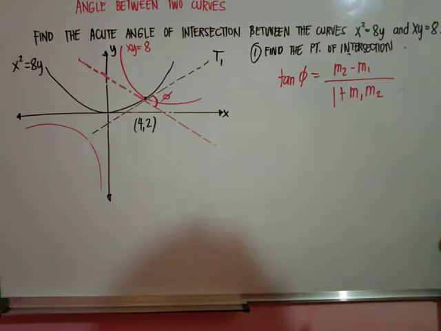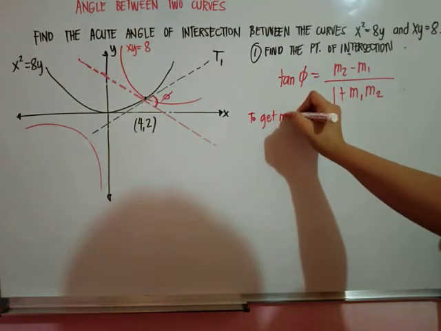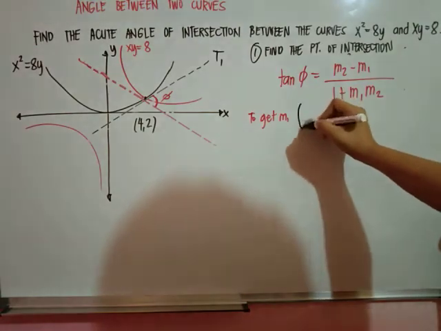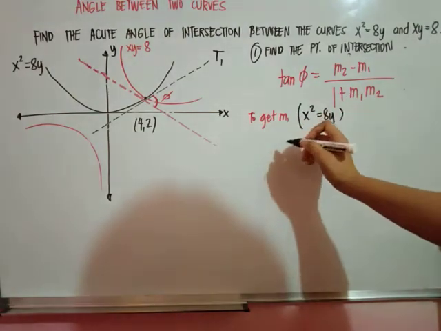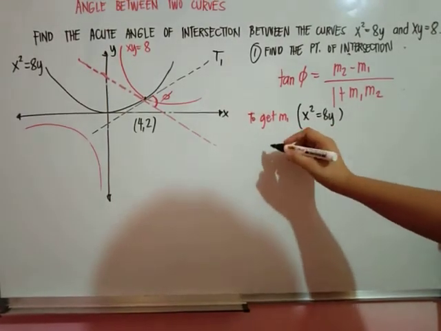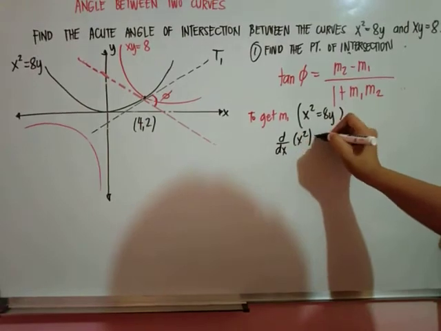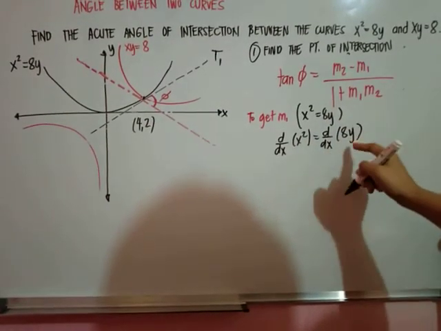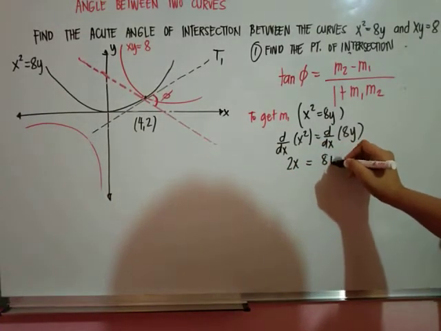So, recall lang natin, to get the slope of the first function, yung para kay x squared equals 8y, i-derive lang natin to. So, we have the derivative of x squared equals the derivative of 8y. So, we have 2x equals 8y prime.